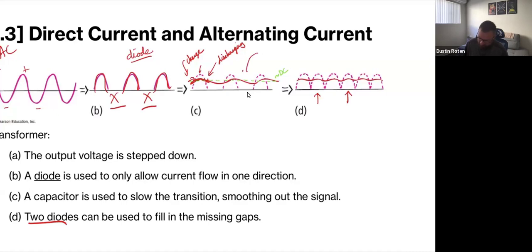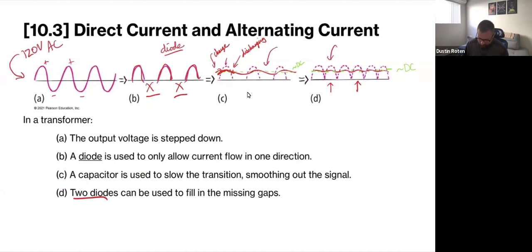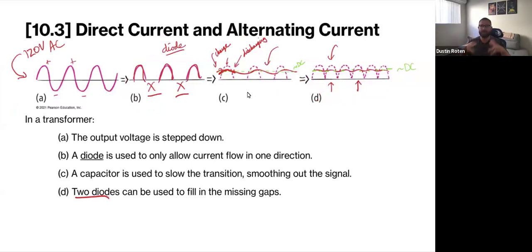So instead of having these deeper valleys, it gets hit again by another pulse, and you can get even closer to that approximate DC voltage. So when you tune all these components, if you're very careful, you can essentially create a nice flat DC signal.